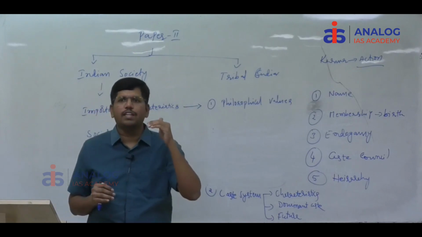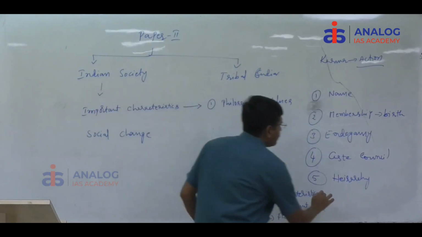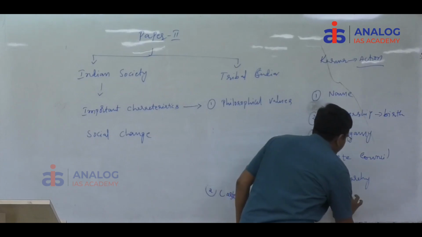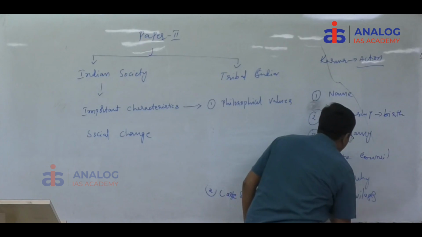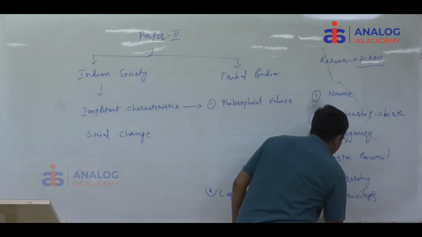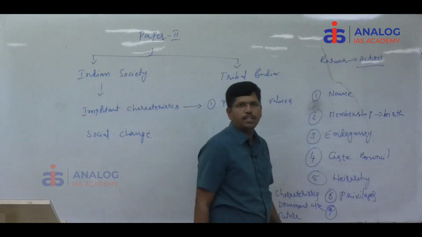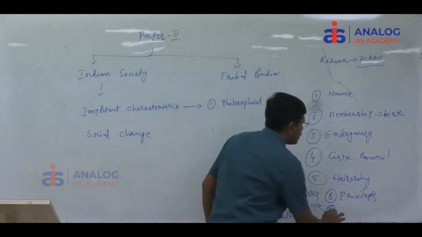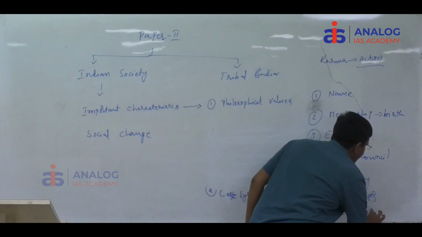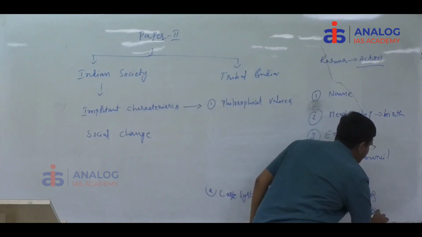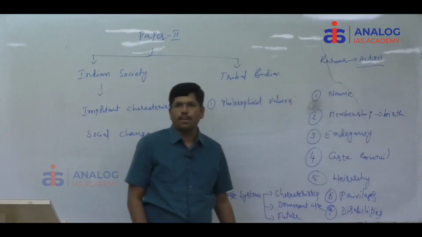Based on the position in that hierarchy, they are given certain privileges, and they are insisted to accept certain disabilities. For the higher castes, a number of privileges are given, and for the lower castes, a number of disabilities are imposed.